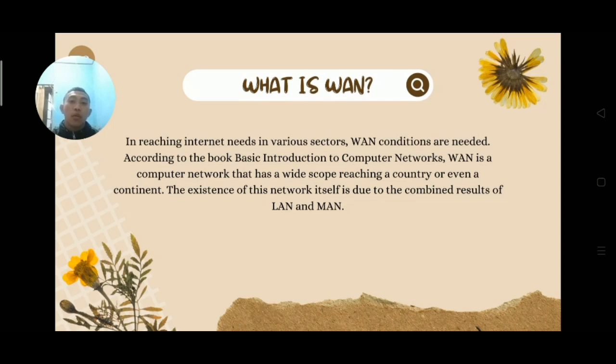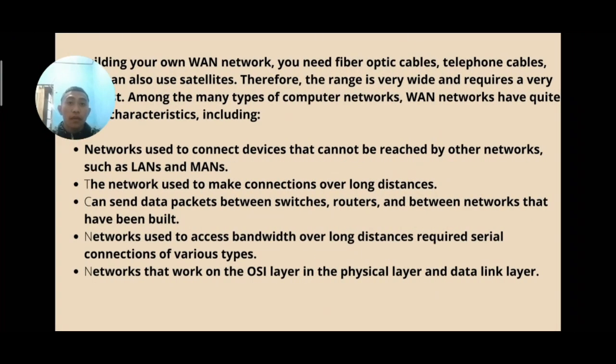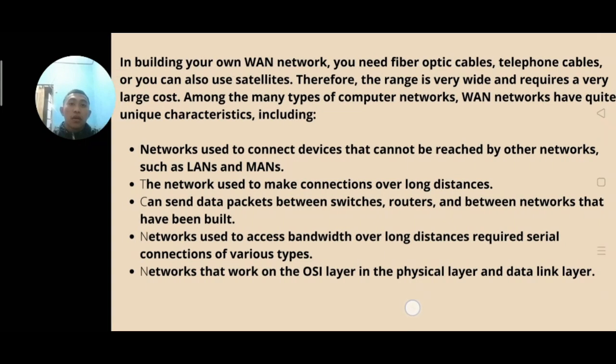The existence of this network itself is due to the combined result of LAN and MAN. So, the wide area network or WAN is the combined result of LAN and MAN.